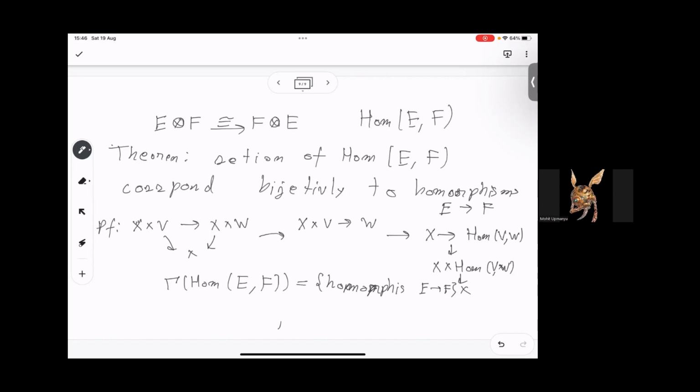Where is it? Oh, sorry, the direction. Okay, I'm going to define a map in the reverse direction. Please don't kill me for this.